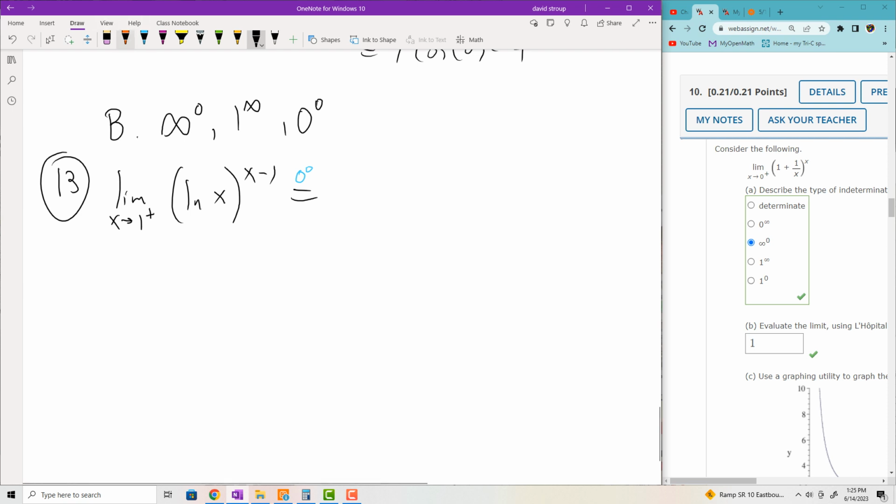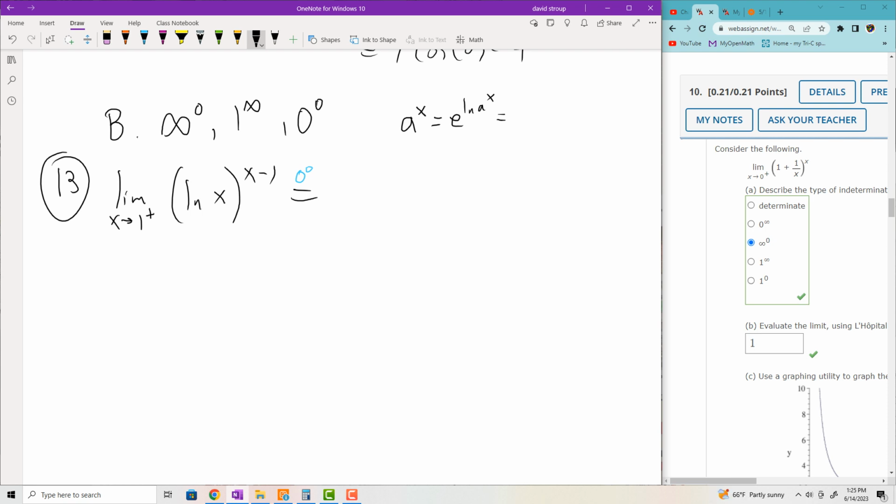And the way I do it is using inverses. Basically, if you have some base a to the x power, you can rewrite it as an exponential by saying that's the same as e to the ln of a to the x, because e and the ln would cancel because they're inverses, and you'd just get a to the x.